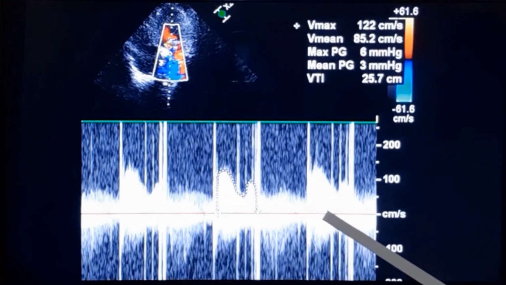So all gradients should be documented post-operatively, typically about 2 to 4 weeks after the surgery, so that the gradients have settled down, and then serial evaluations are required, or rather mandatory, even without any suspicion of prosthetic valve dysfunction.